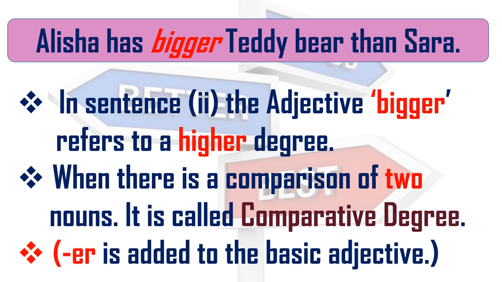And when we write the comparative degree, we use ER. See here, big, and for that we have added ER. Okay, bigger. So ER is added to the basic adjective. Now there is one more G. I am going to explain that rule in a few moments.